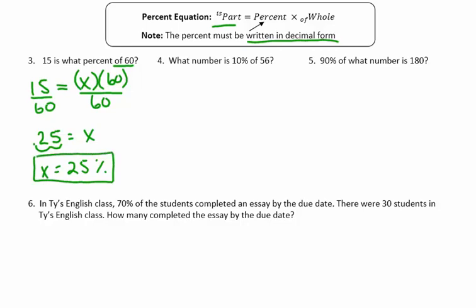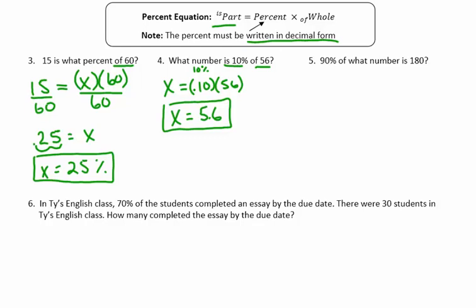Number 4, what number is 10% of 56? So I know the whole is 56. I don't know the part, so that's x. 10% written as a decimal is 0.10 times the whole, which is 56. So 0.10 times 56 is 5.6 would be my answer. Number 5, 90% of what number is 180?